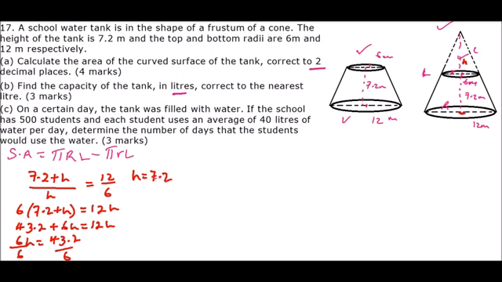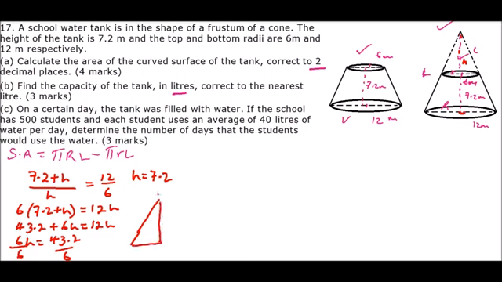Now, with the height of the small cone, we will be able to get the slanting side, because now we have a triangle.